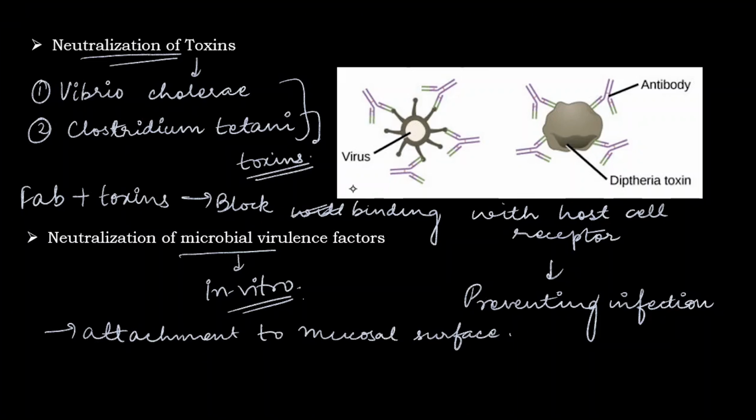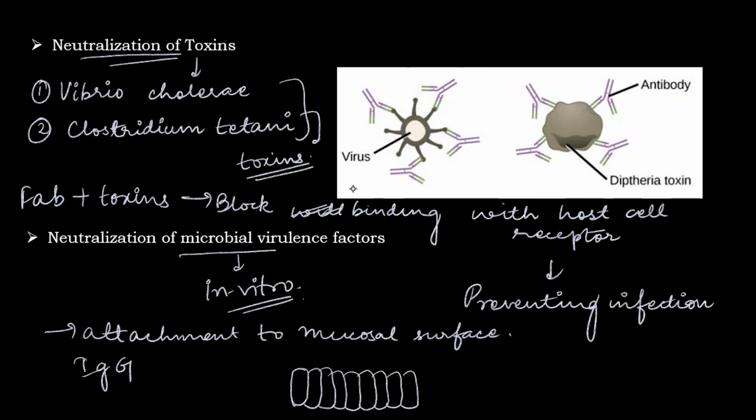For example, IgG antibodies have been found to be specific for Streptococcus pneumoniae cell surface proteins, and they block the adherence of the bacteria to epithelial cells. Suppose this is one of the epithelial cells, and these Streptococcus pneumoniae might be interacting with the epithelial cells to enter into the cells.